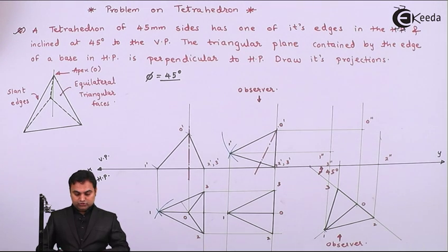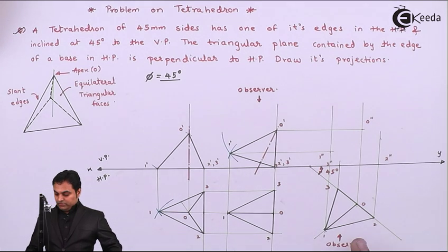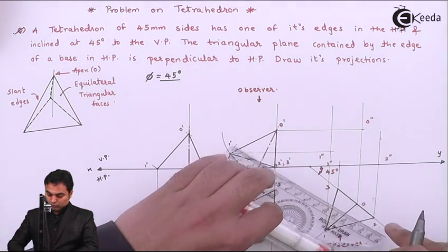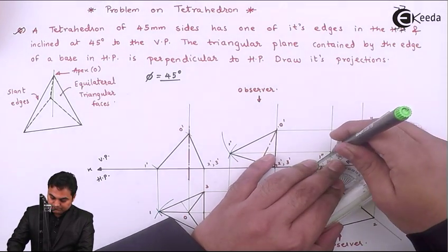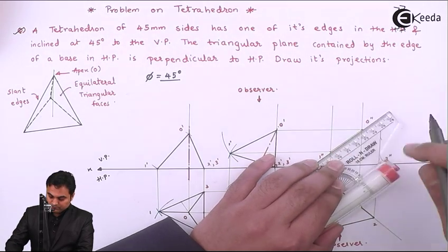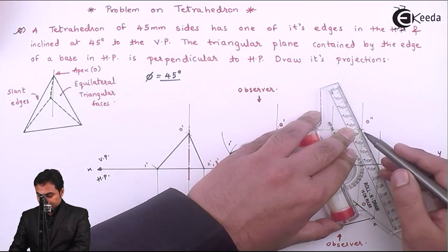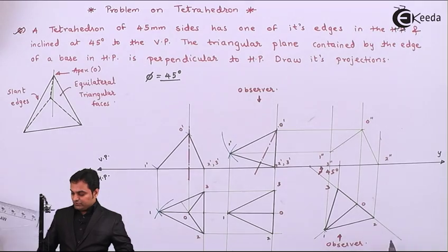Next, joining with the help of a light line. When the observer is present here, the triangular face O12 is visible, so O double dash to 1 double dash will be connected. O double dash to 2 double dash. Next, 1 double dash to 2 double dash is visible.